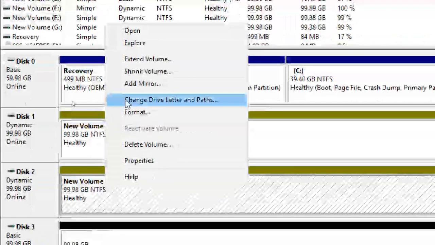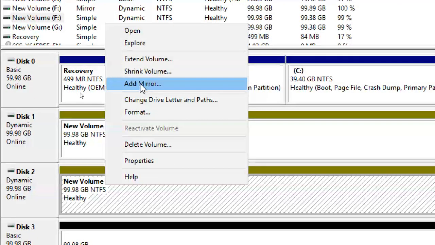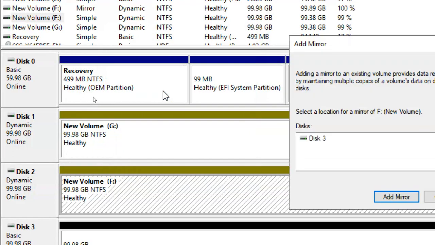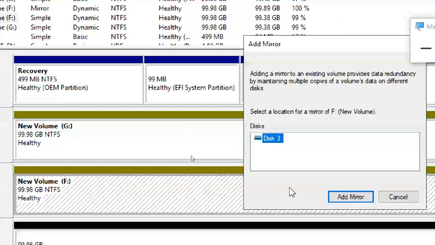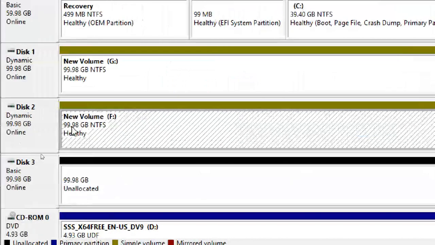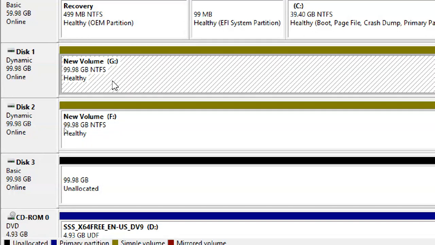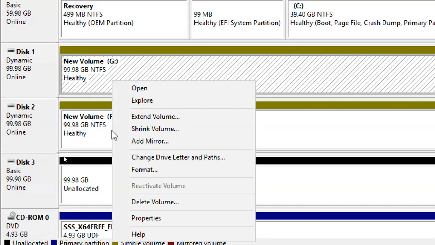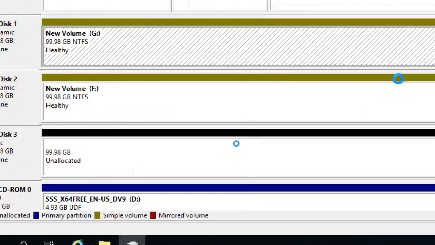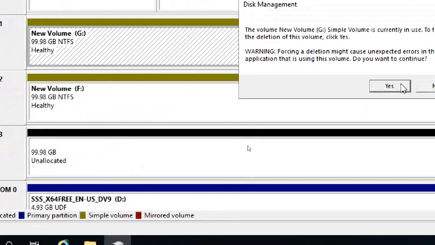If you want to add a mirror, right click, add mirror, disk 3 is available, then you can put disk 3 in it. Otherwise, F drive was initially working, Z drive has now come, then you can delete this G drive because F drive has the data.